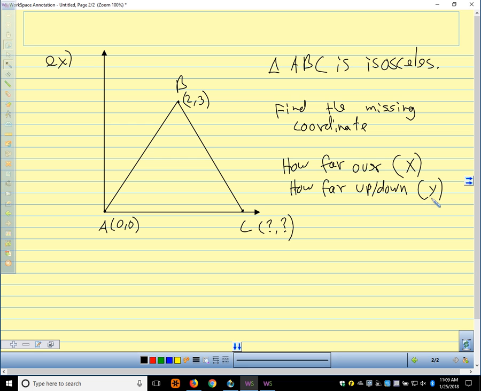Well, let's do the easy one first. I'm going to put C over here, and we'll put in the coordinates in the parentheses. Well, if C is on the x-axis, how far up or down is it? 0. X-axis means we're 0 up or down. So this has to be 0. We're not going up or down at all if we're on the x-axis.